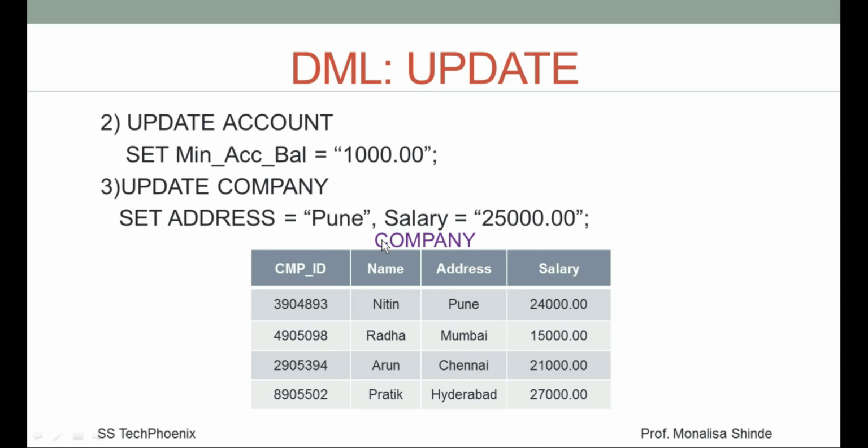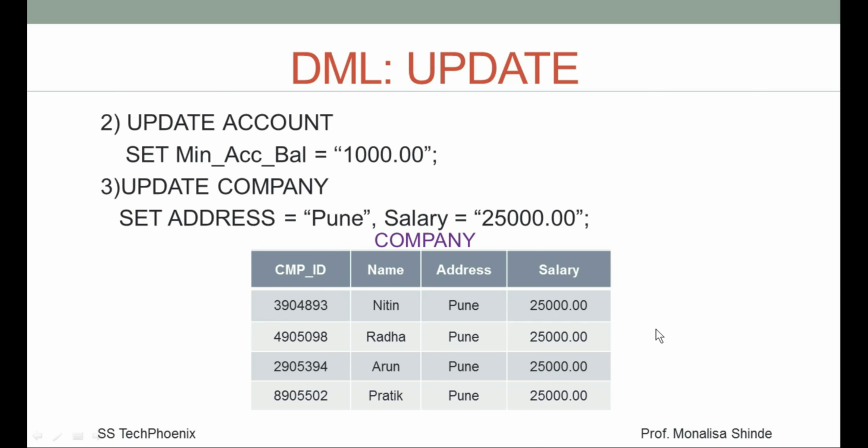So after executing this query, it will update the records for all the employees and it will change two columns. Address will be Pune for everyone and salary will be 25,000 for everyone. Now see, this is the result. So with the help of the update command, we can update multiple records and also multiple columns at a time.